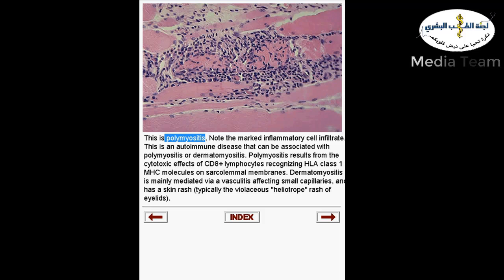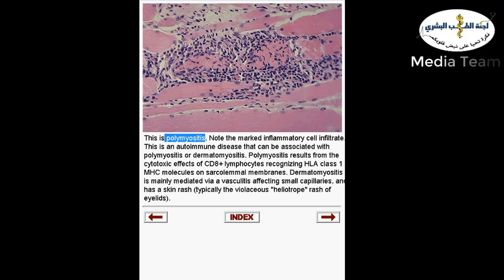And here in these patients with polymyositis, we have cytotoxic CD8 positive lymphocytes. All around, the blue cells are the lymphocytes. Most of them are CD8 positive T cells that are attacking the major histocompatibility complex presenting on the cell membrane of the skeletal muscle fibers, because they are identifying them as foreign when they are the normal cells.